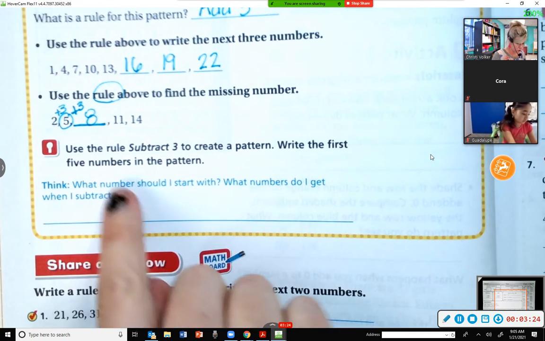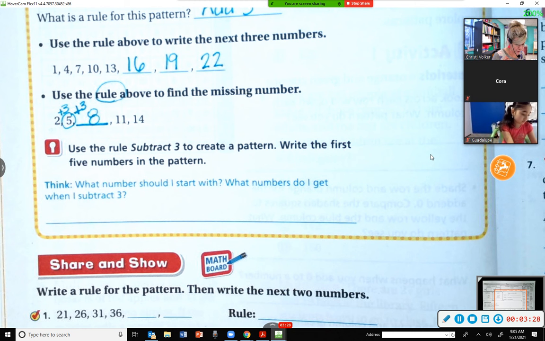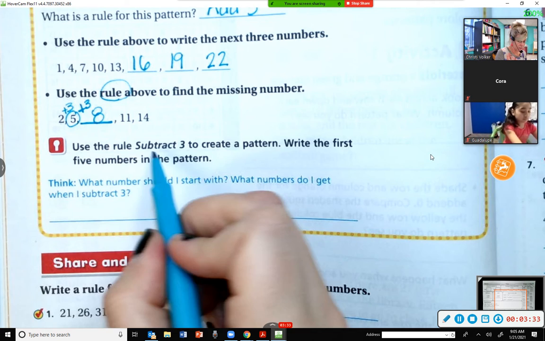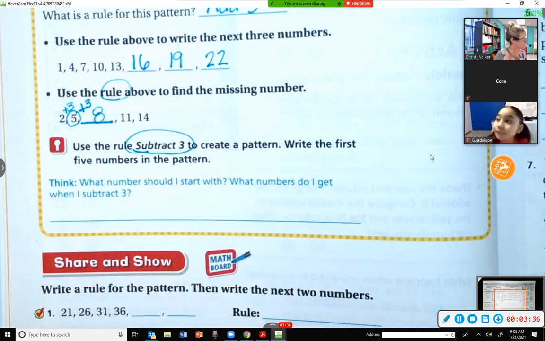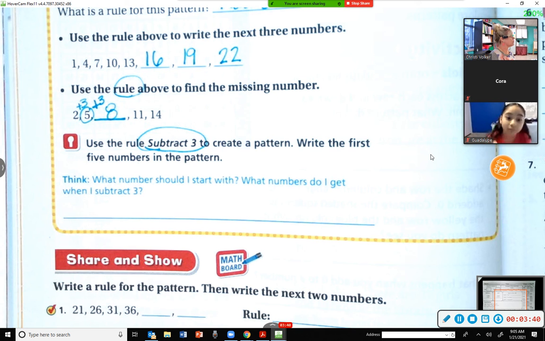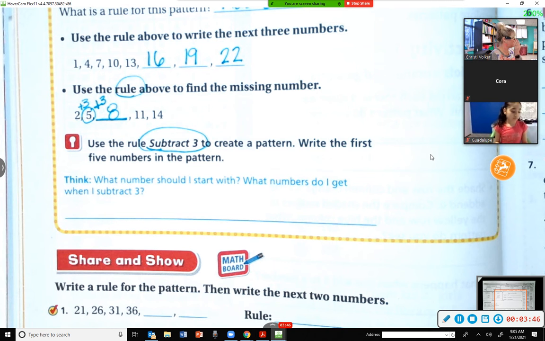Okay, now it says use the rule subtract 3 to create a pattern. Write the first 5 numbers in the pattern. Okay, so we're making up our own pattern, and the rule is to subtract 3. Okay, so would it make sense to start with 1 if I'm going to subtract 3? No, it's too low, right? Would it make sense to start with 5?